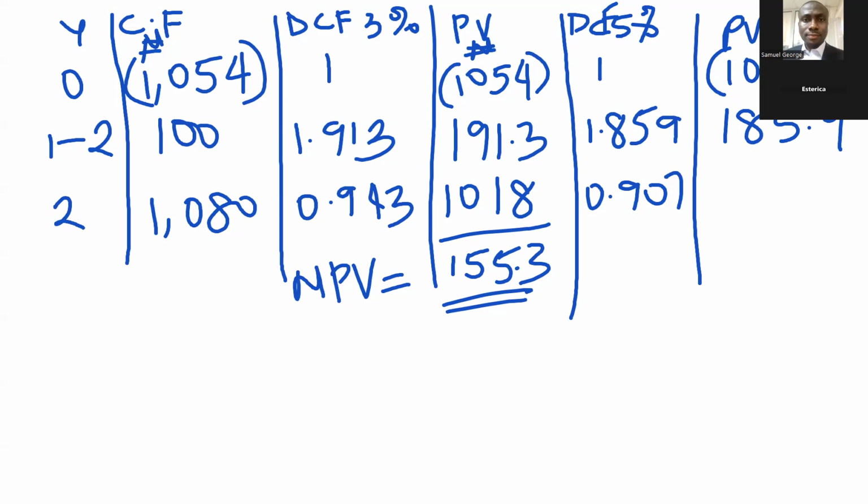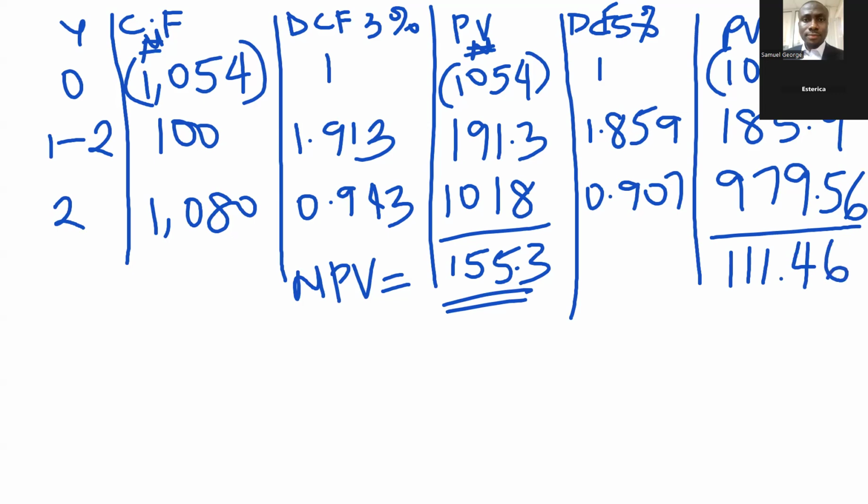I got 979.56. Okay, 979.56 plus 185.9 minus 1054. I got another positive NPV of 111.46. Okay, that is another NPV.